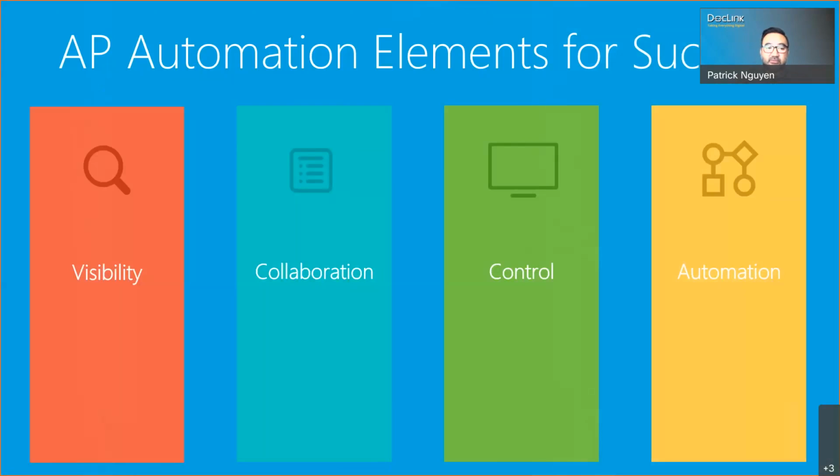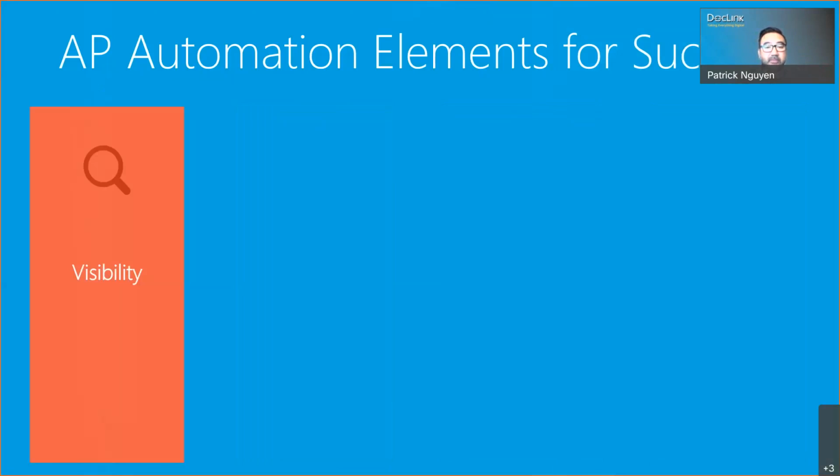AP automation elements for success. It's about having visibility. It's about having collaboration between different departments, especially on the approval side. It's about having control of your AP process and knowing your accruals and what's outstanding, and having that automation as well, and integration with the ERP. That's what's important.